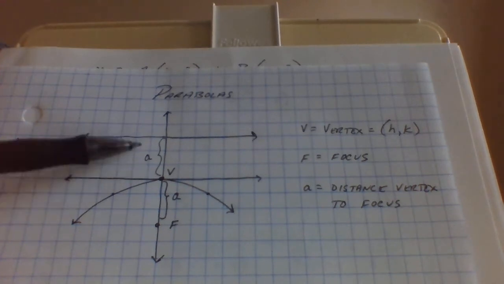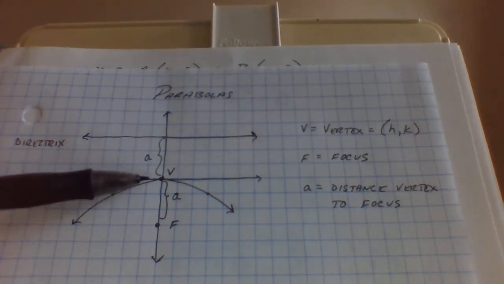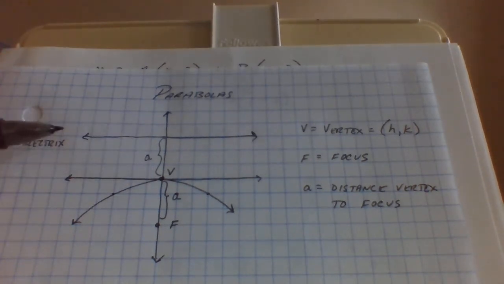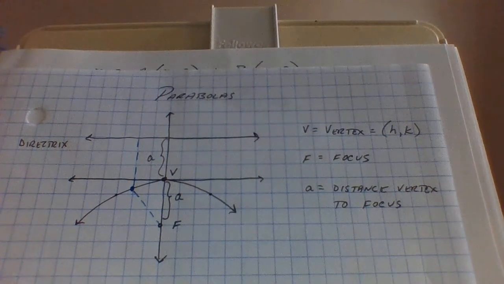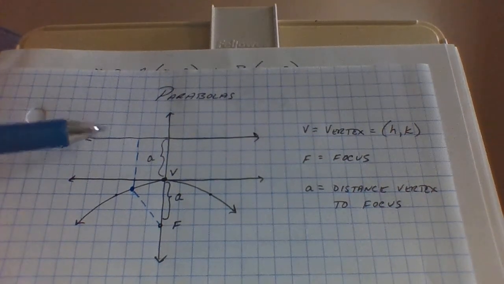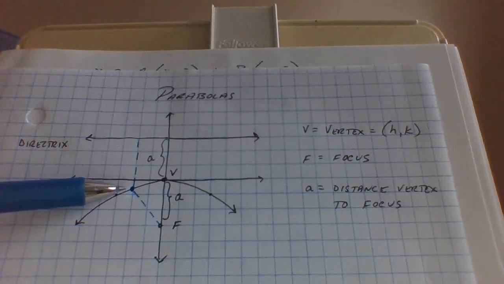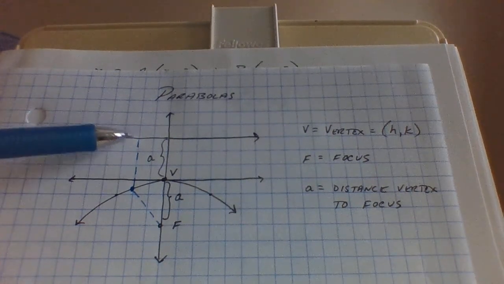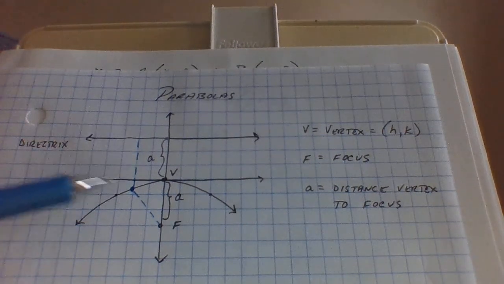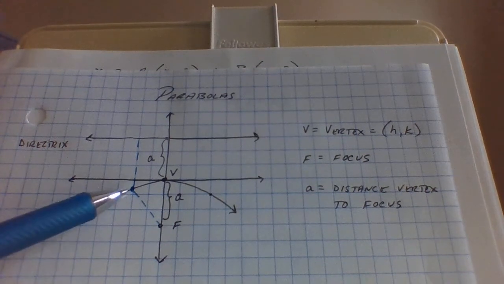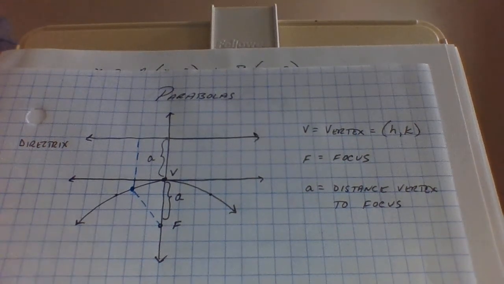If I count a units in the opposite direction from my vertex, I'm going to end up at a line that's called the directrix. And one of the neat things about parabolas is that this distance from your directrix to the parabola itself, any point on it, as long as it's perpendicular right here from the directrix to this dashed blue line that you see, this distance is going to be the same from my point on the parabola to my focus.